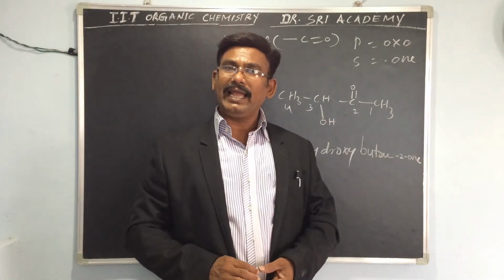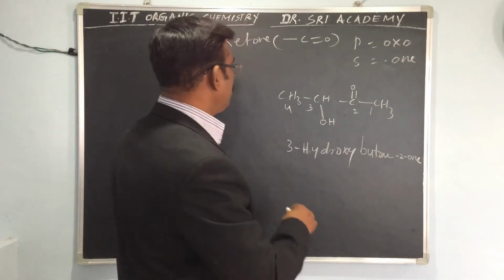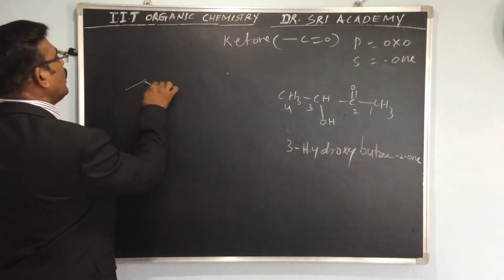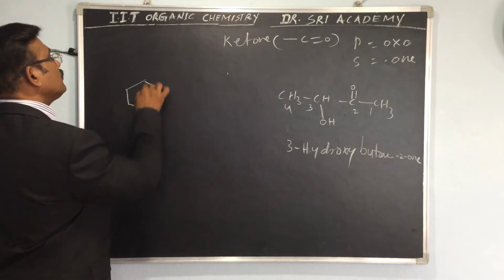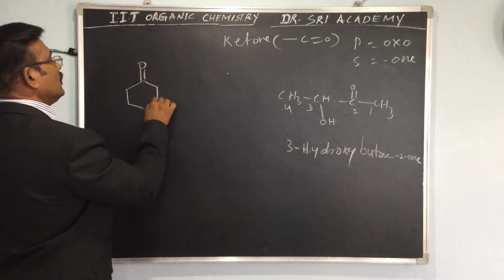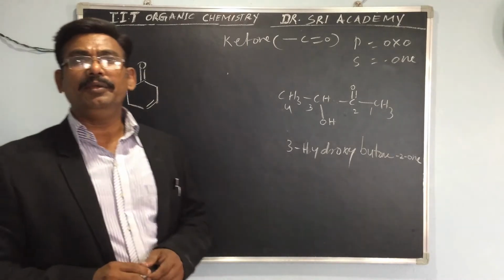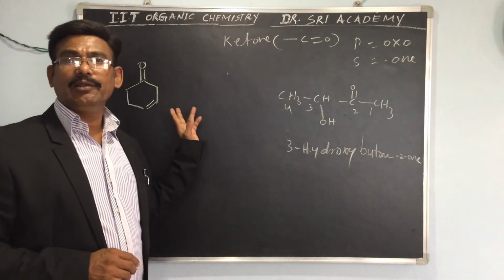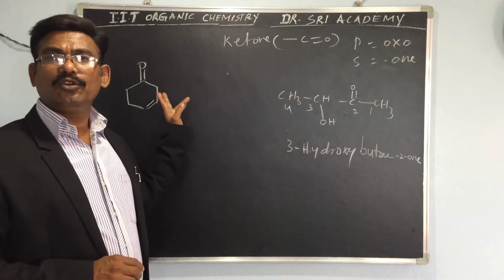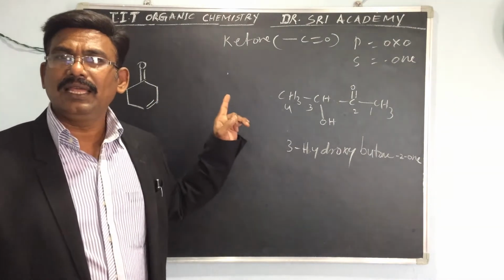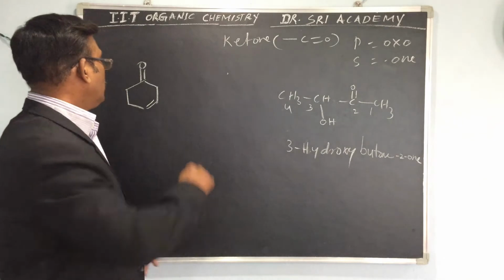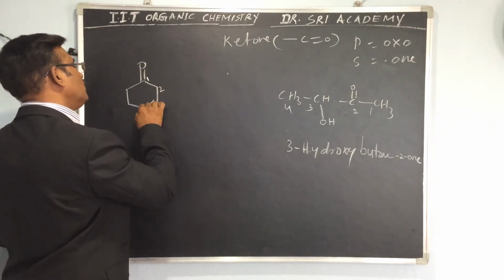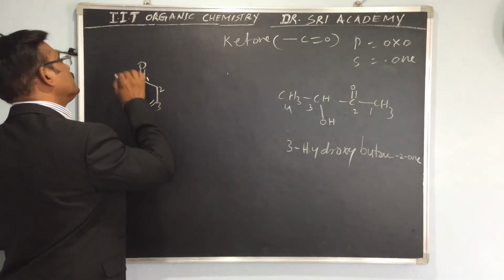If we take the cyclic form, how can you give the naming of the cyclic form? So how can you give the naming of this compound? It is a plain 6-numbered cyclohexane, having 2 functional groups, one is the ketone, another one is the ene. So you have to give the numbering by priority, 1, 2, 3, 4, 5, 6.